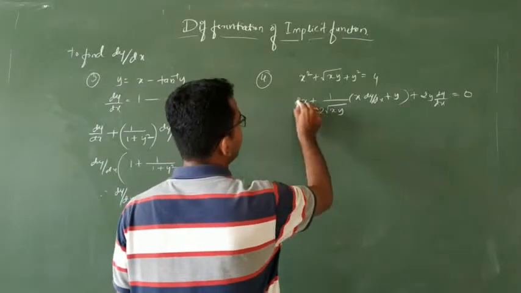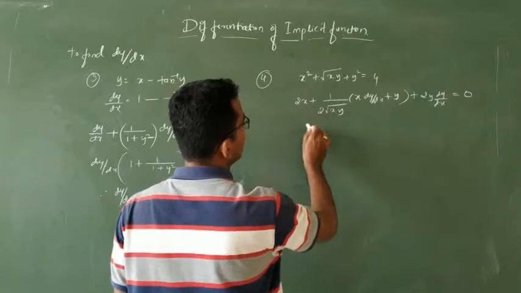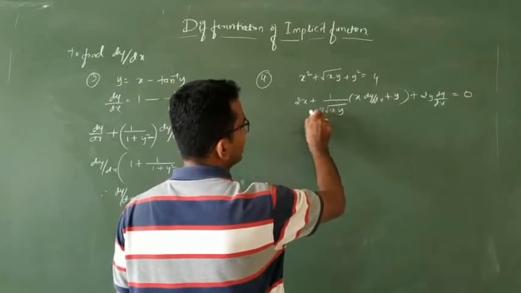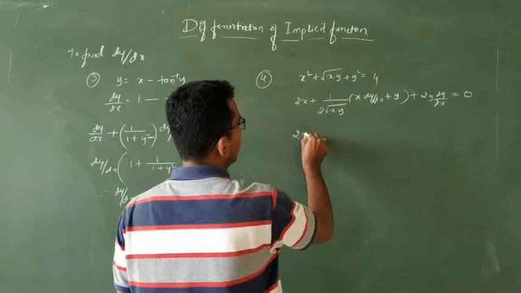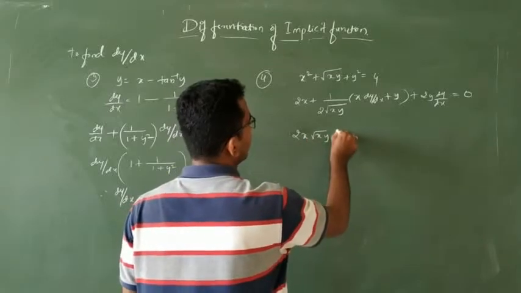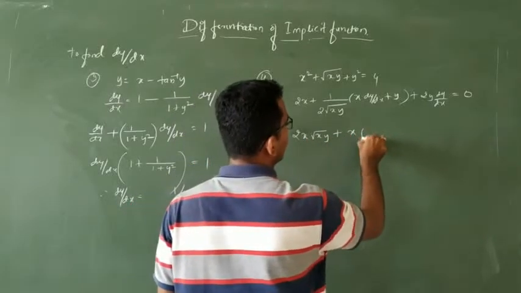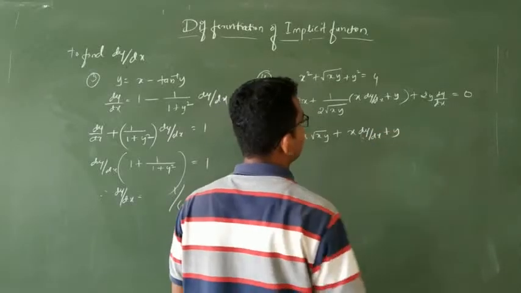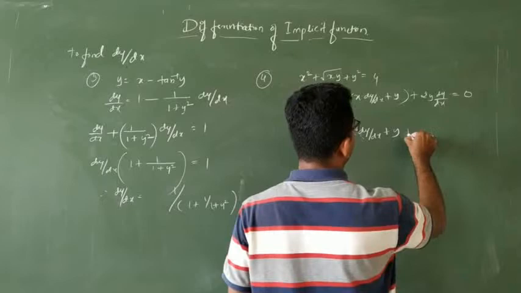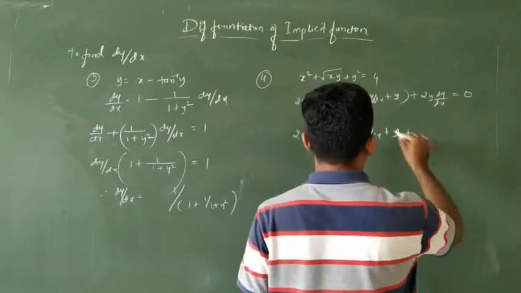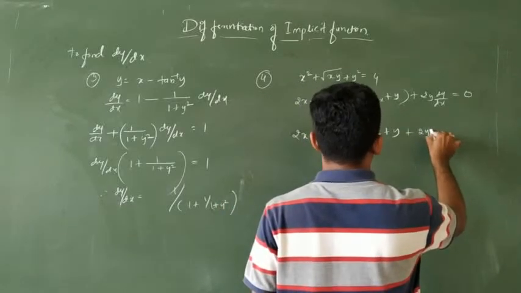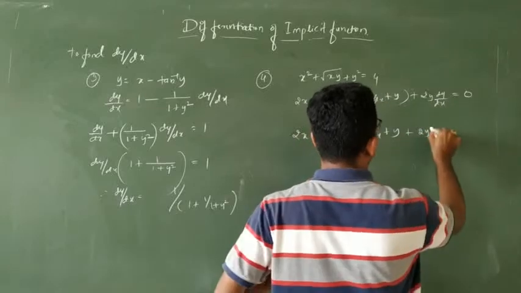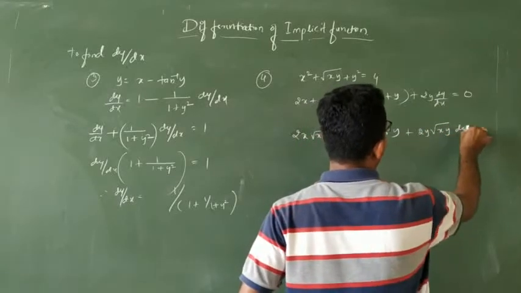After taking 2 root of xy as the LCM, that is 2x into root of xy plus x into dy by dx plus y. And 2 root of xy is the LCM, that is 2y root of xy into dy by dx.